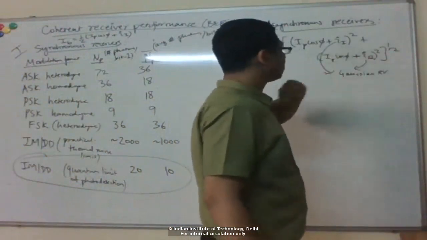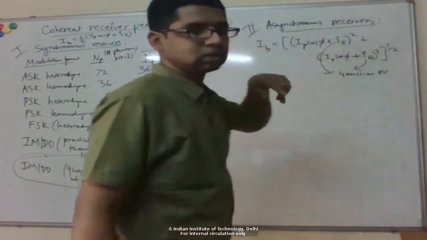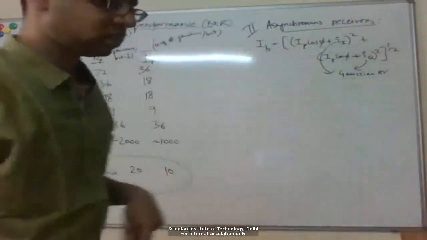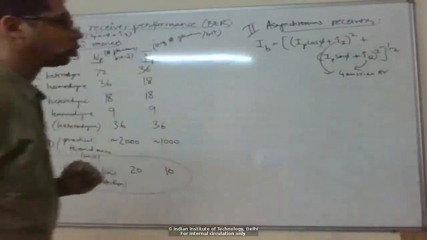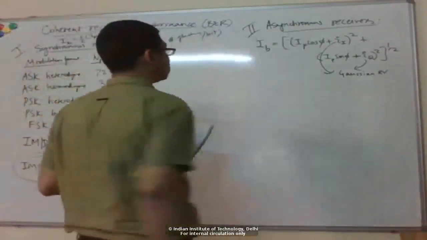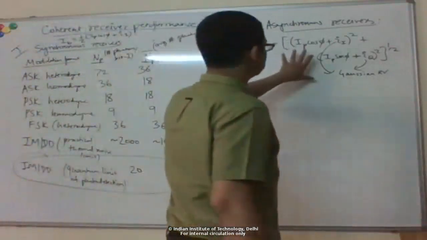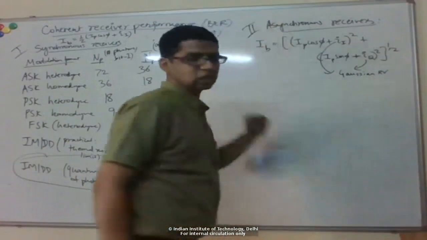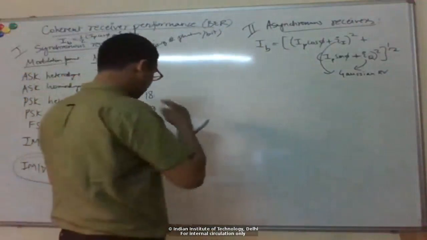Assume we have Gaussian random variables here, and then try to compute the statistics of this expression using advanced statistical techniques, which is beyond the scope of the course here. So we'll skip the complicated calculation of the SNR, Q factor and the BER for asynchronous receivers, but we'll just discuss the final results.